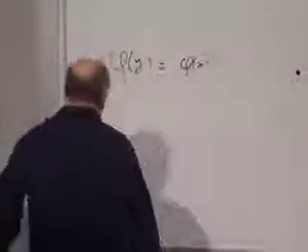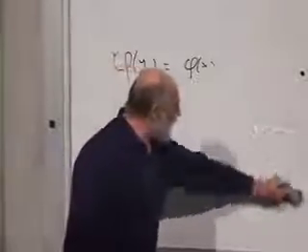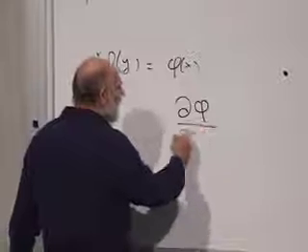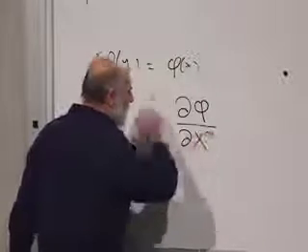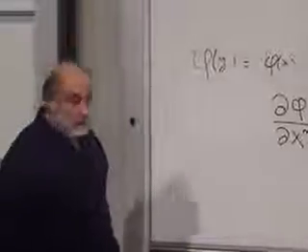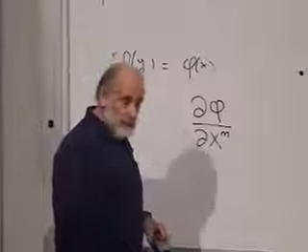Now let's come to the derivative of phi with respect to x. The derivative of phi with respect to x^m, let's say. All right? That is, in fact, a vector. It's a vector with a covariant index here.